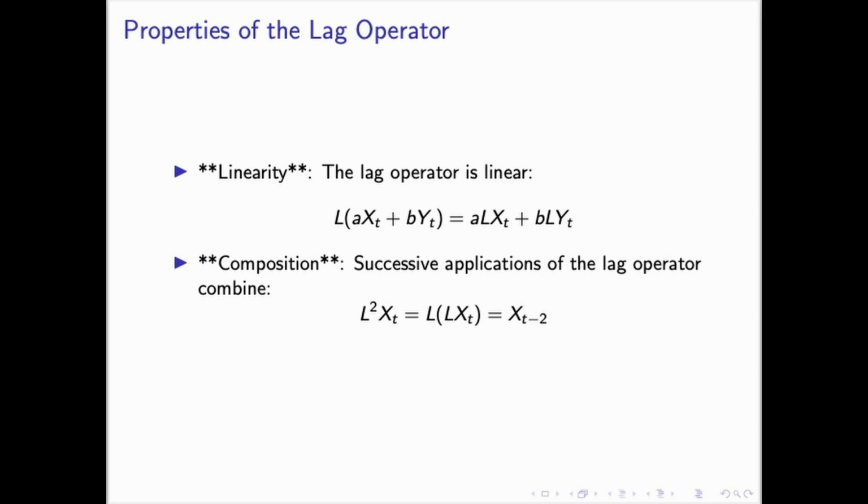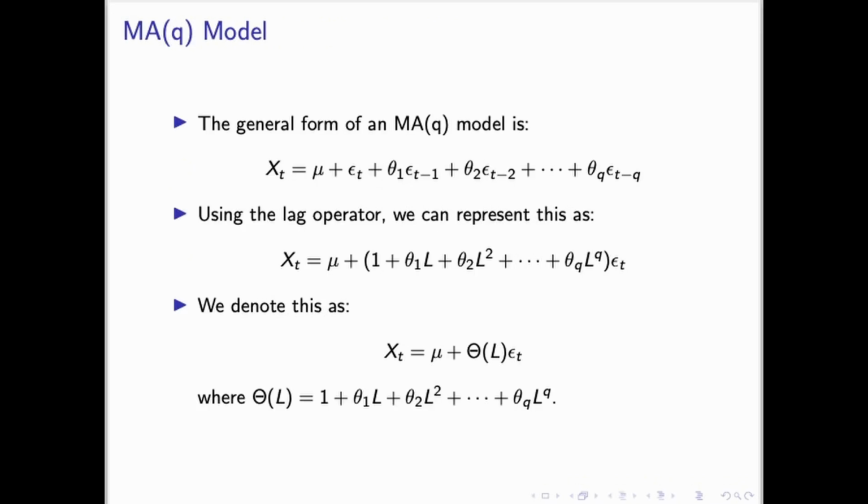Successive applications of the lag operator can be combined. L squared x_t equals L(L x_t), which equals x_{t-2}. This property shows how multiple applications of the lag operator are combined algebraically.